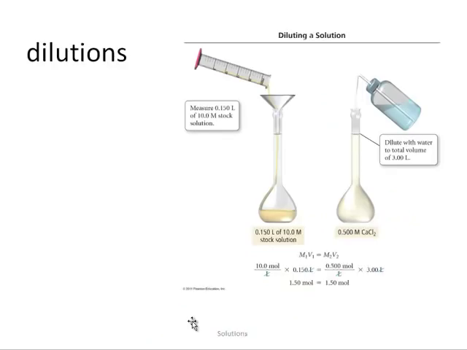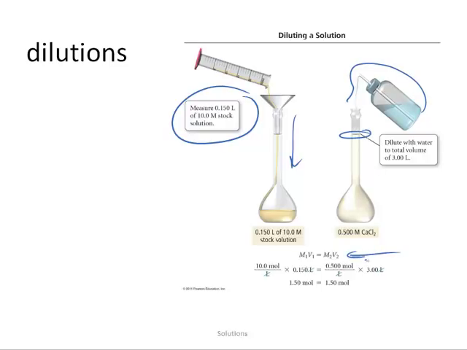Well, if you look at what a dilution is, we're going to take a small volume of a concentrated solution, say 150 milliliters, 0.15 liters of a 10 molar solution. We're going to then dilute it with our solvent, water, into a higher volume. Okay, so if you look at the equation, you'll see that the molarity, 10 molar, times the volume, 0.15 liter, gives you number of moles.